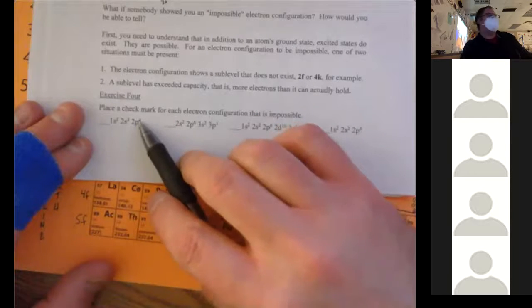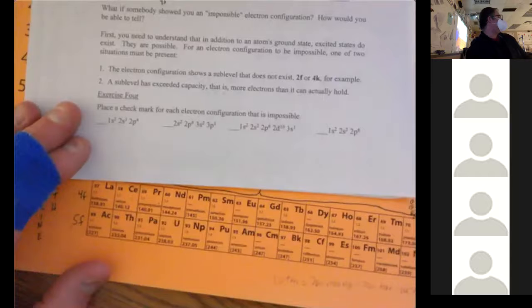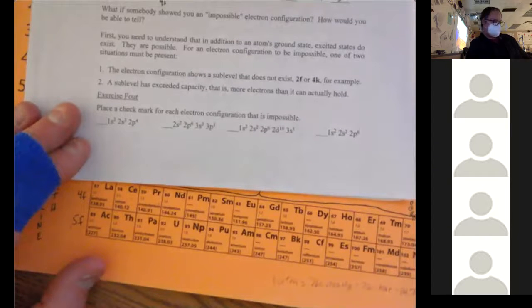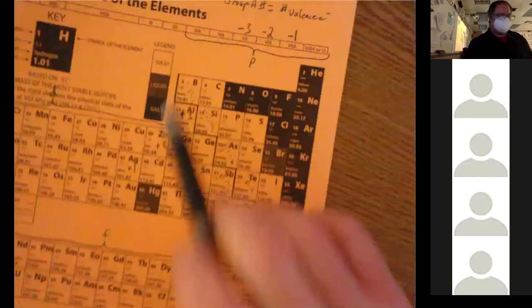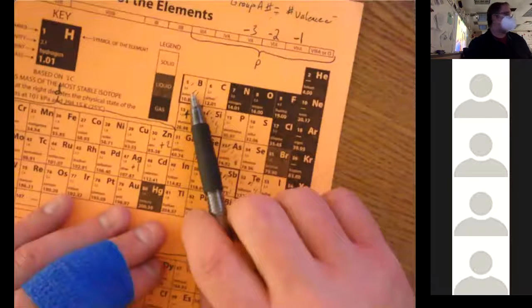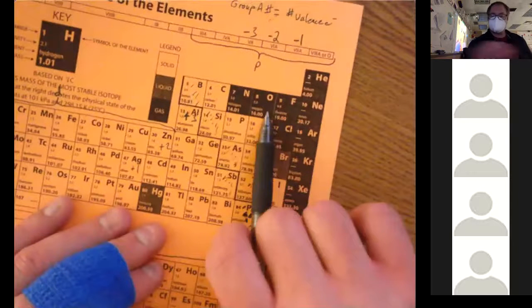Is there anything about this that looks different than anything we've ever done before? Louder? The 2p4? What's wrong with that? Let's take a look. 2p, 1, 2, 3, 4. That's going to be okay.